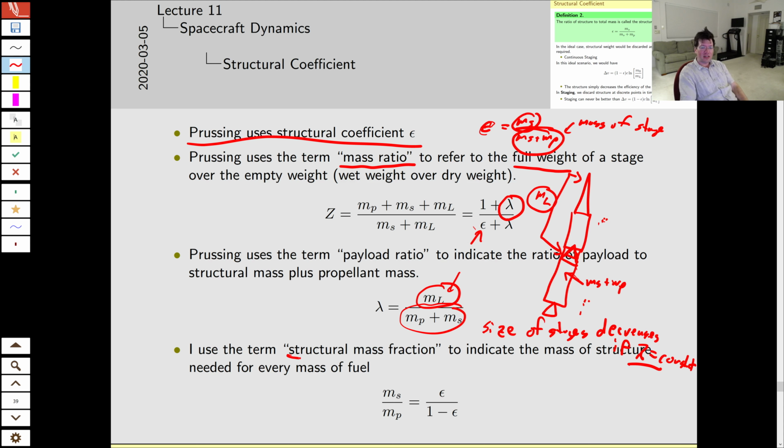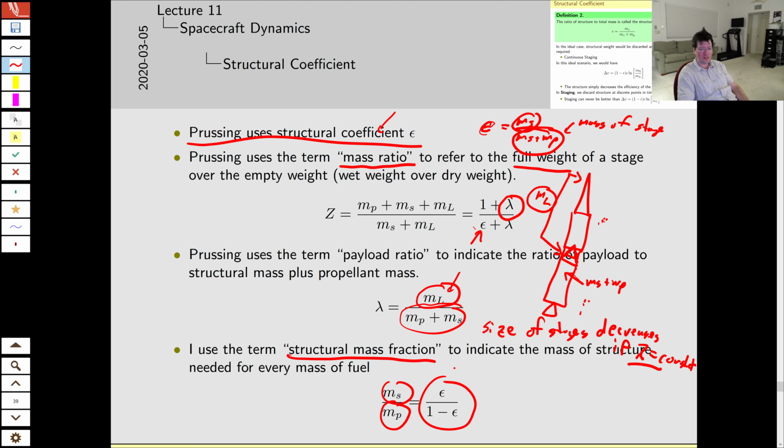And finally, I just want to return to what I refer to as a structural mass fraction. I sometimes use this expression on the exam, so I want you to know what it means. It's different than the structural coefficient because it's just the mass of structure divided by the mass of propellant for a given stage. So it's the amount of structure you need for a given amount of propellant. The mass of structure is a constant fraction over the mass of propellant, which is essentially the same thing as the structural coefficient.